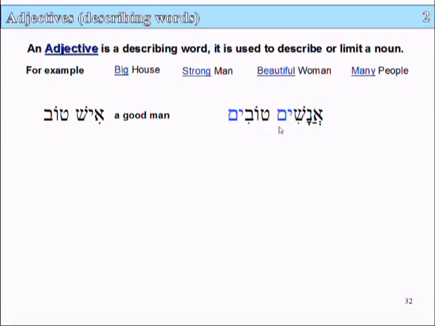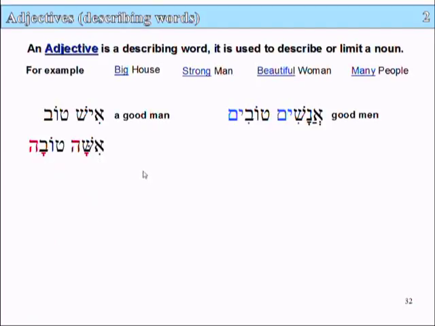So it becomes anashim tovim. We don't do this in English, but we do this in Hebrew. So that means good men. But you could translate it literally as men, goods. But as I said, it's not quite the same in English.